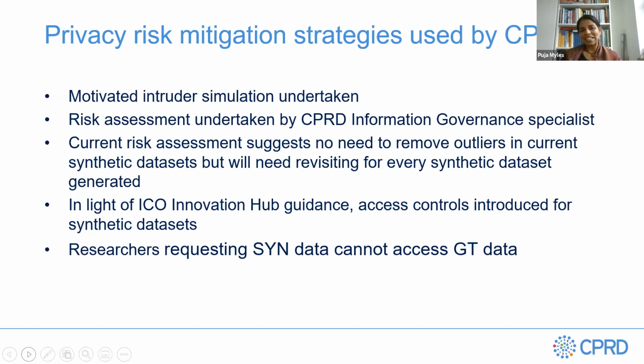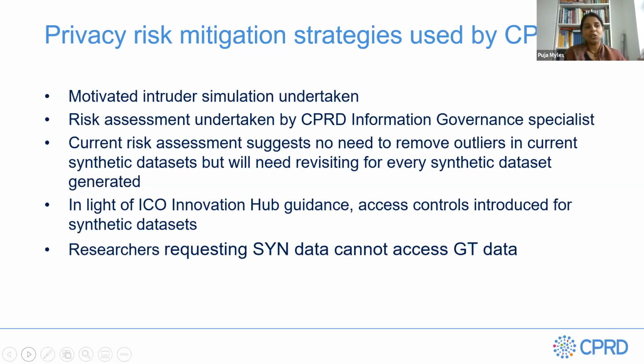But when she looked at the entire record, it wasn't a duplicate. So again, that was a reassuring test. We also had a further risk assessment undertaken by our CPRD information governance specialist. And based on our current risk assessment, we felt that there was no need to remove outliers in the current synthetic data sets, but we will be revisiting this for every synthetic data set generated.